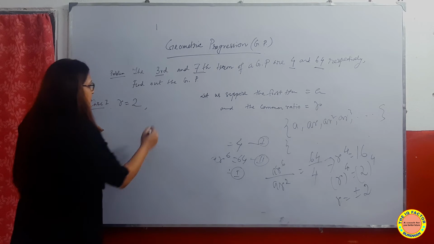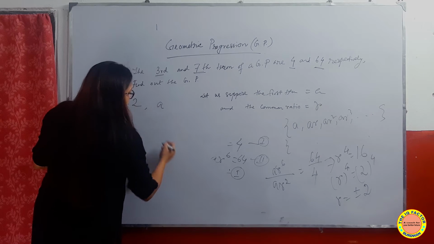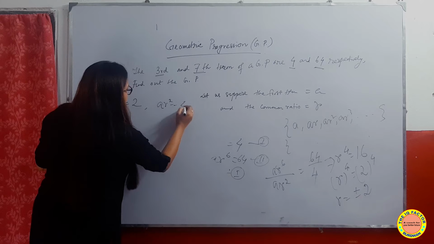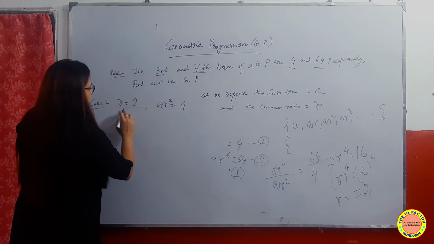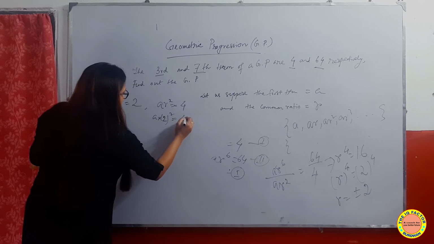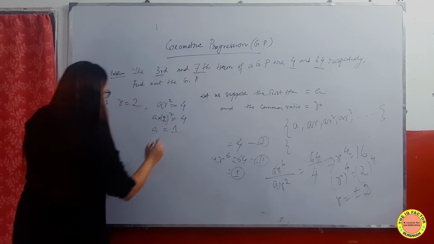Put in any one equation. It was T3, that is ar square is equal to 4. So when r is equal to 2, a is 1.